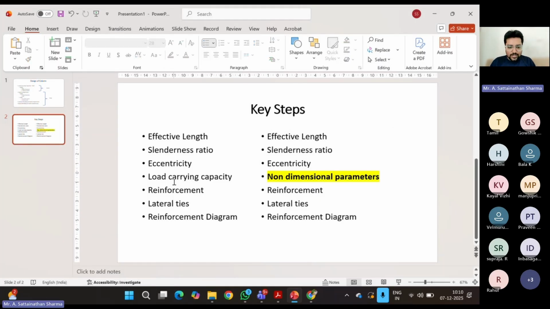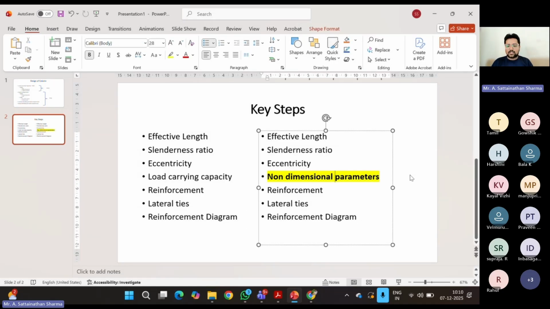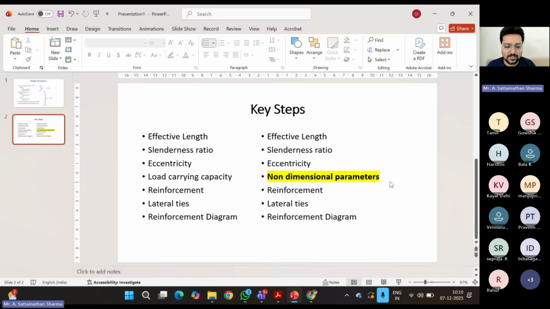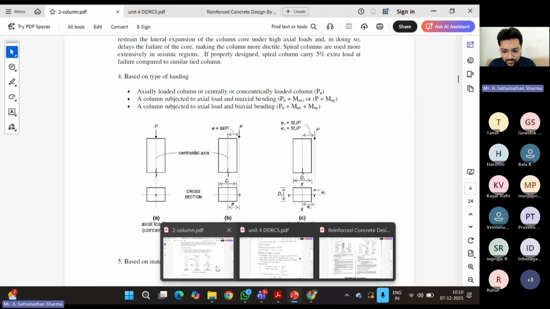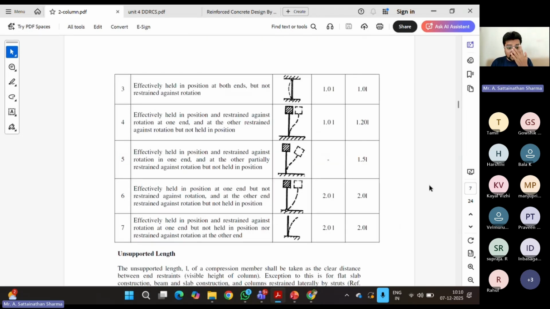No difference. The only thing is load carrying capacity. You can use the formula, or here they are using the chart. That is the SP16 chart. That's the only difference between these two. Okay, so I'll quickly brush up the problem. I'm not going to take it up in detail.